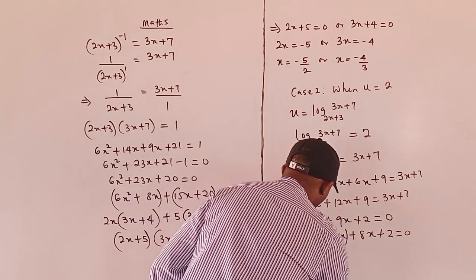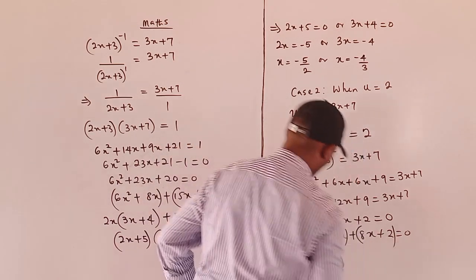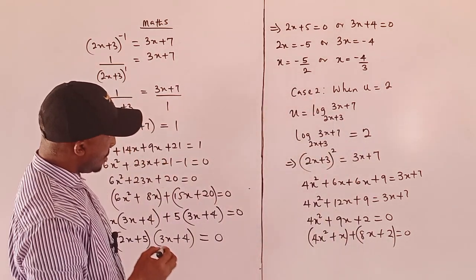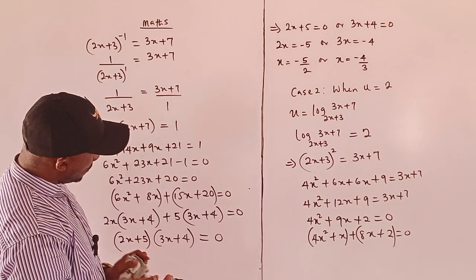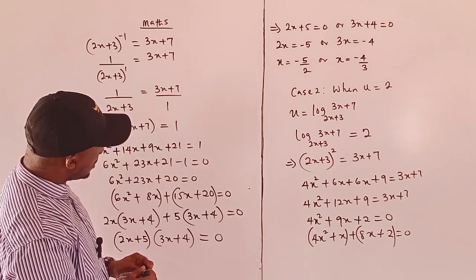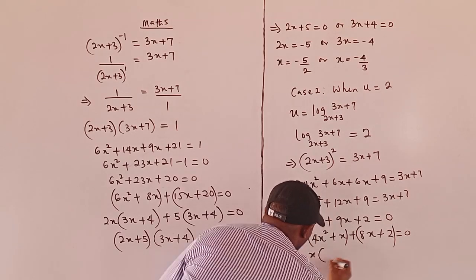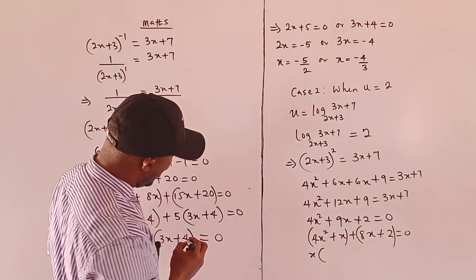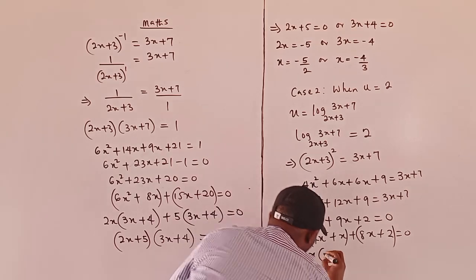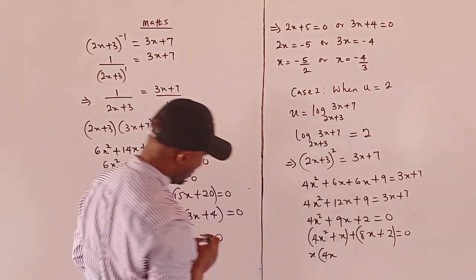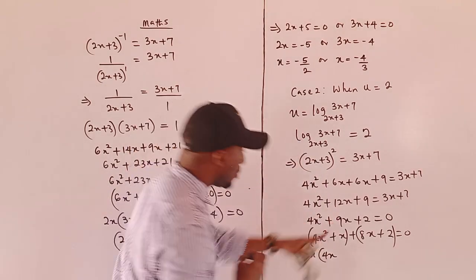So I'll group, and I'll group. I should go to this side of the board. Okay, I'll take out x here, which is common. Then I'll have x divide 4x squared, which is 4x. x divide x, which is 1.